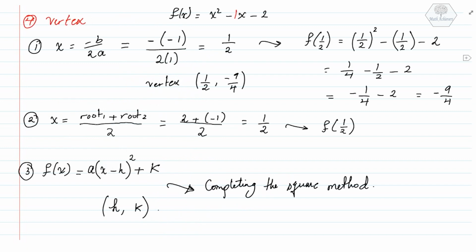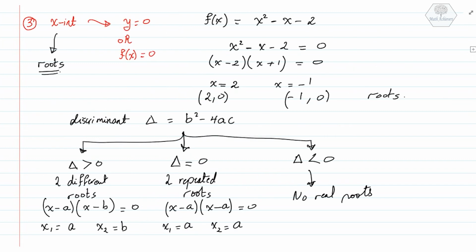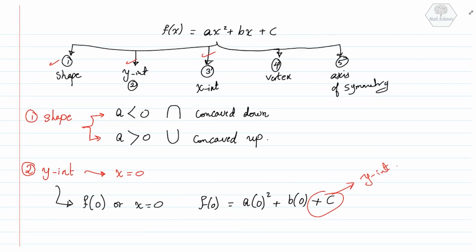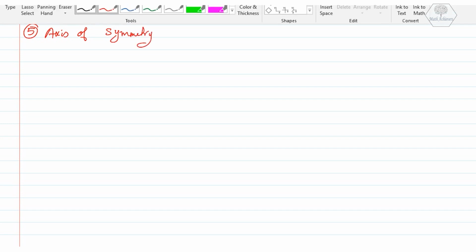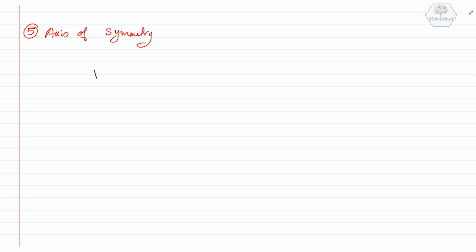Now, for our last thing we want to talk about, we've covered the vertex. Now we'll go to our axis of symmetry. Axis of symmetry, this is number 5. Axis of symmetry is the equation of the line that cuts the function in half. This is the axis of symmetry.